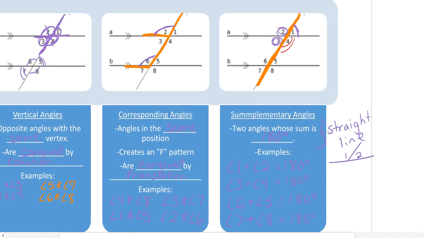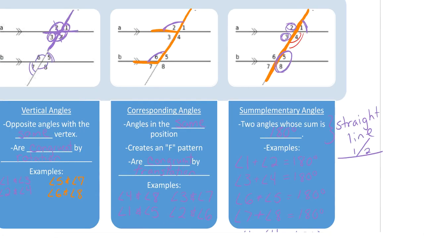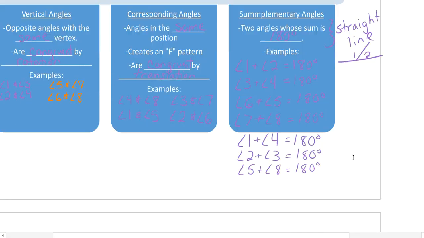If I jump down to my second set of angles, 5 and 8 are supplementary. So angle 5 plus angle 8 equals 180 degrees. And then my last set of supplementary angles would be angle 6 and 7.